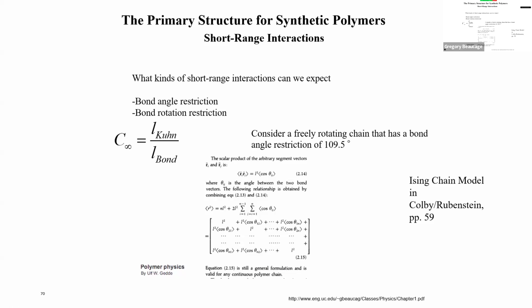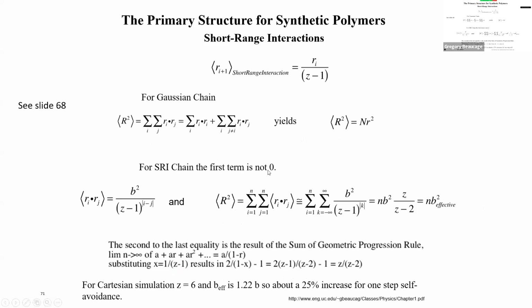But if you just fix the bond angle, instead of what we had, we had this function, right? The b squared divided by that thing. If we just say no back step, that's our probability interference, which would have been 0 when i doesn't equal j, and 1 when i equals j.